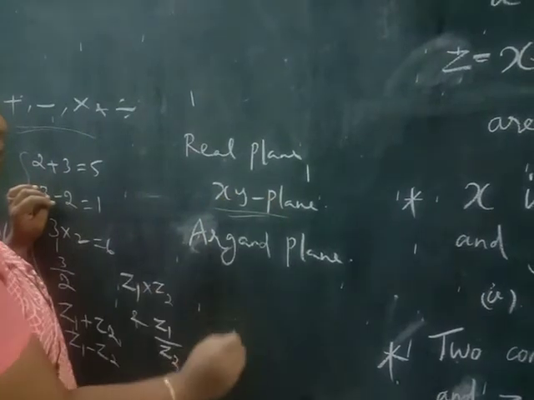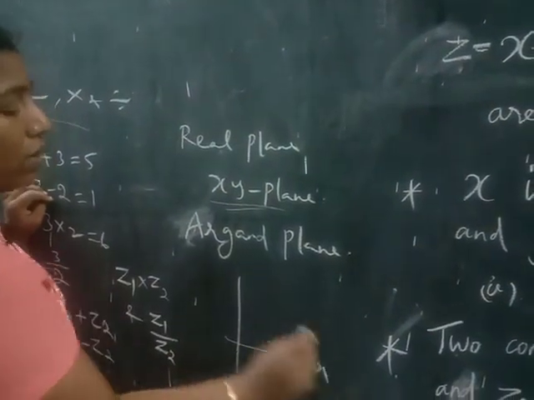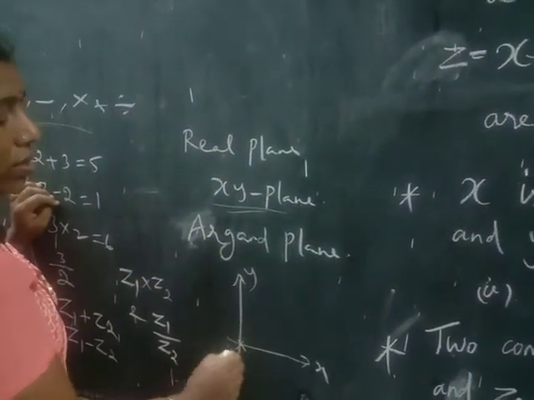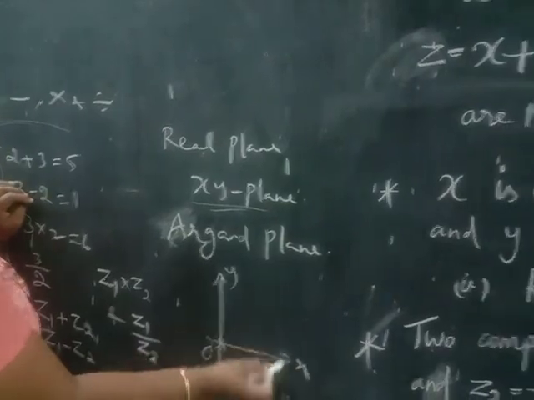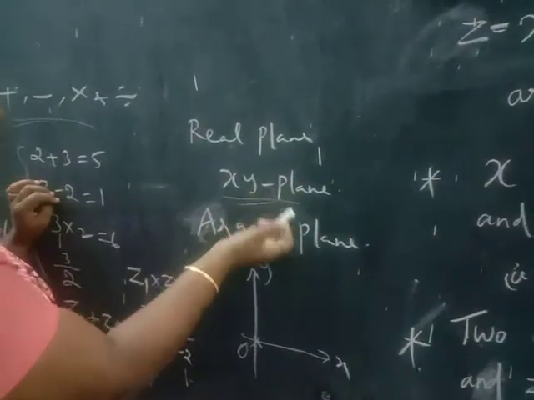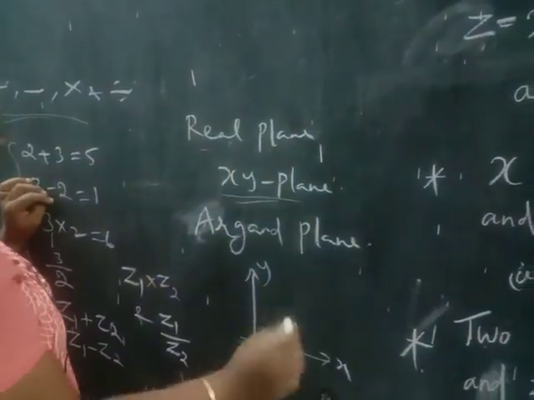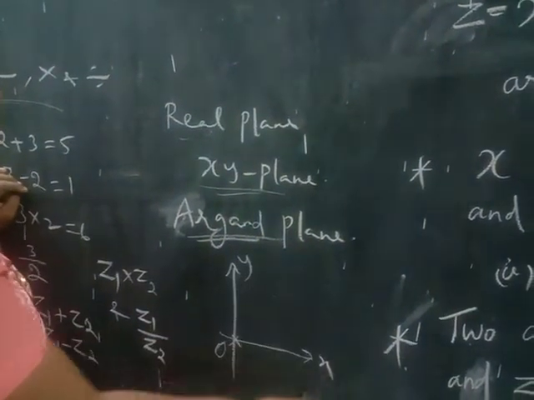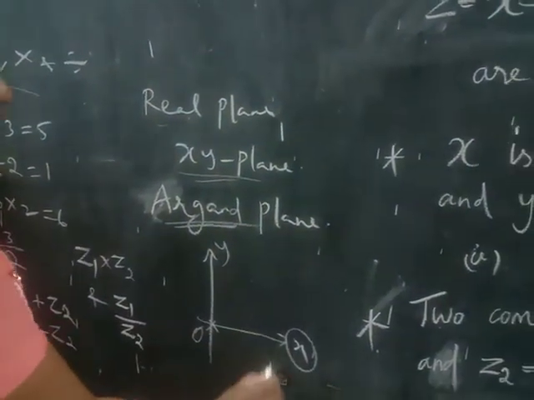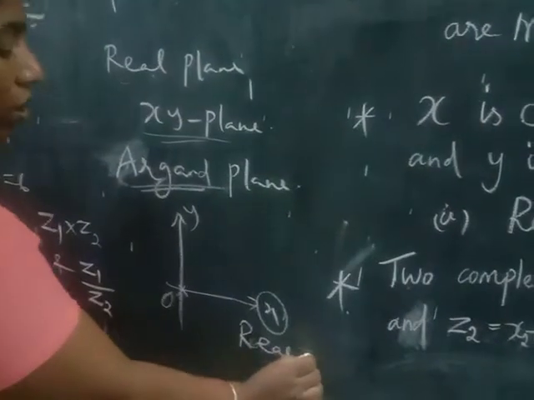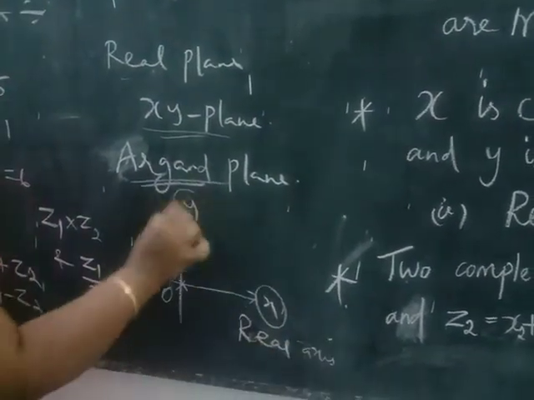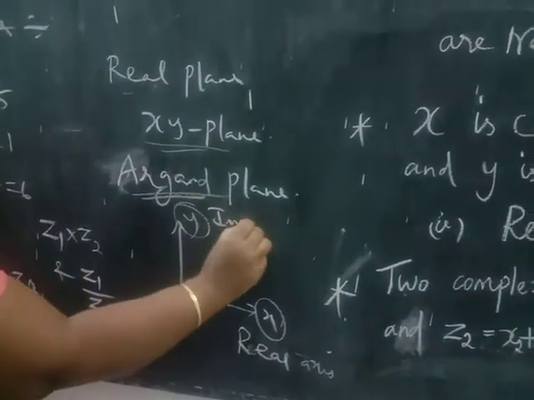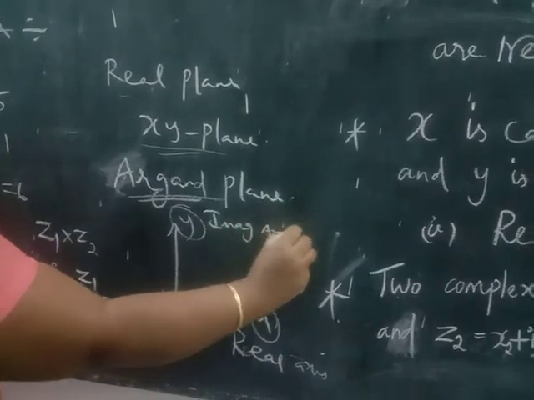Now this is the XY plane. This is the x-axis, the y-axis. This is the origin. So this is the 2-dimensional plane, or XY plane, or real plane. Now in the Argand plane, this x-axis is considered as the real axis. This y-axis is considered as the imaginary axis.